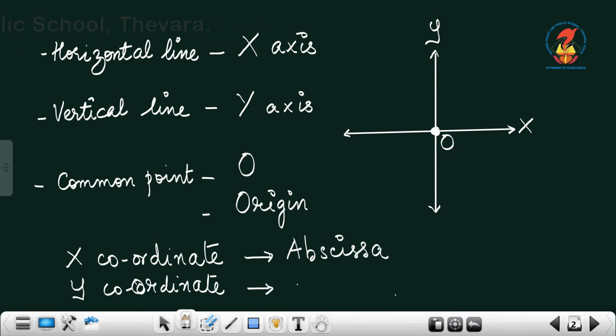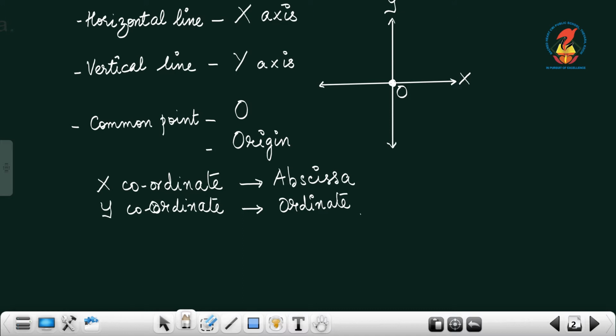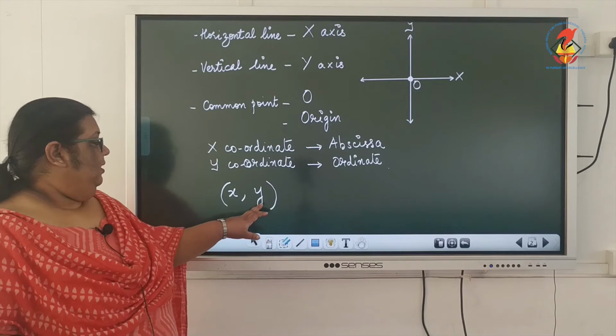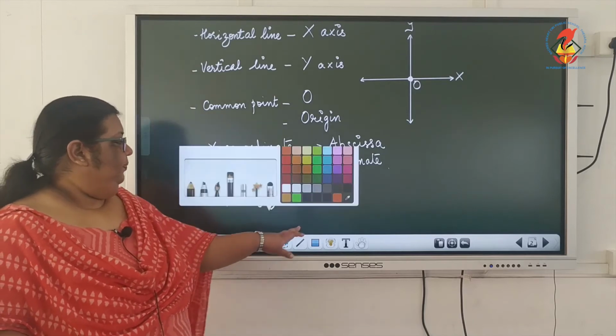Another name for y-coordinate is ordinate. If the abscissa of a point is marked as x and the ordinate of a point is marked as y, then any point on an xy plane can be written in the form of an ordered pair (x, y). Within the brackets, we write the coordinates. We read it as ordered pair x and y.